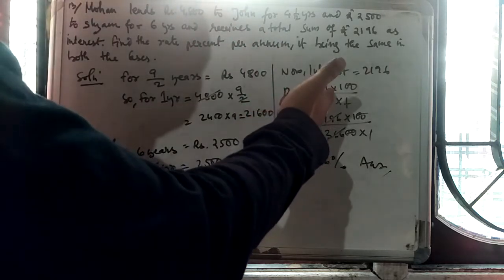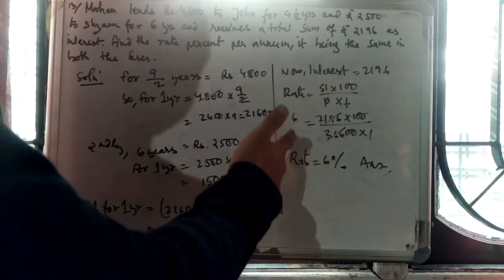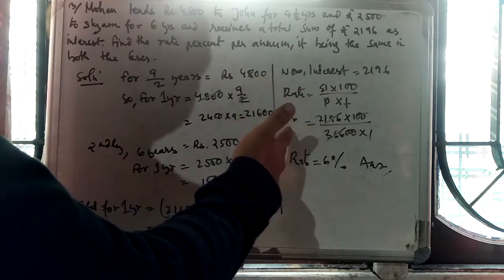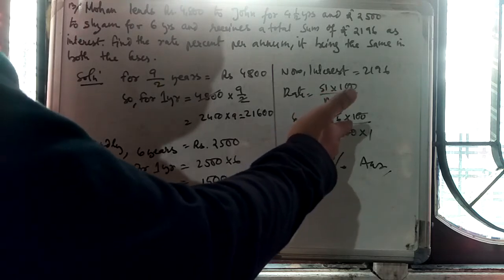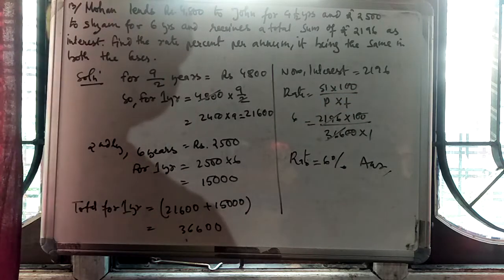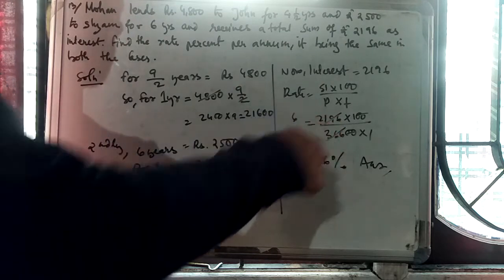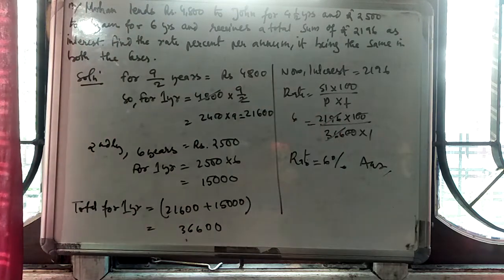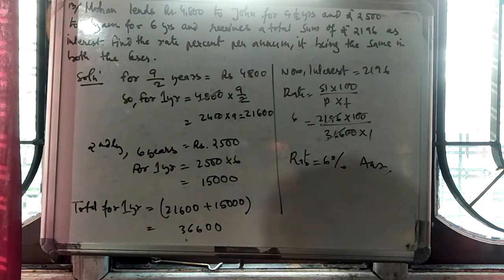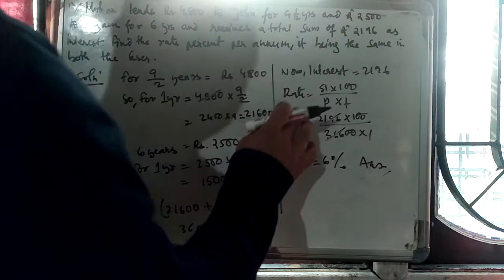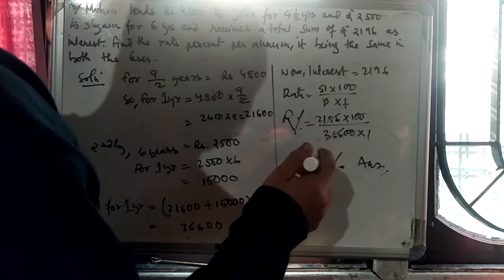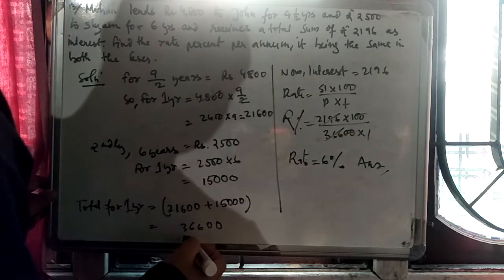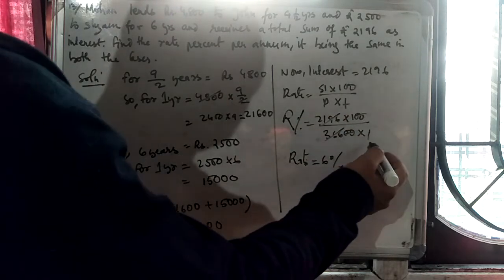The rate equals simple interest into 100 by P into T. We have to take out the rate, so it equals 2,196 into 100 by 36,600, where the interest is given in the question as 2,196 and the principal is 36,600 for 1 year.